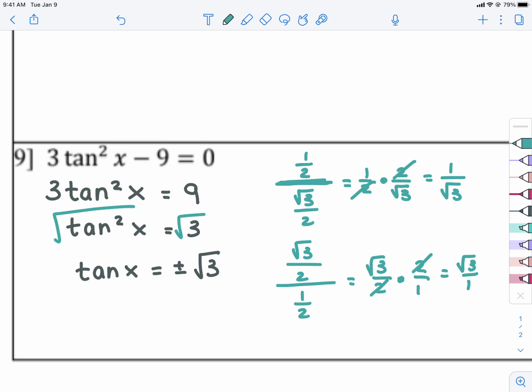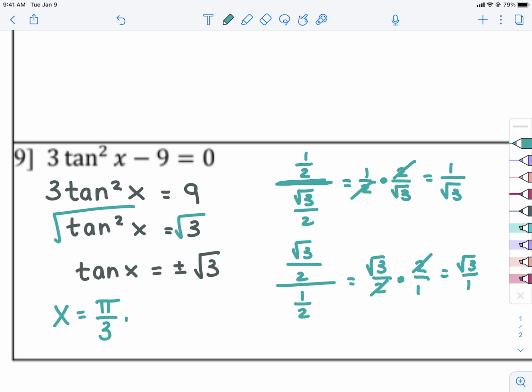So I want my x to be pi over 3, and any other value that will give me the same result, either positive or negative. So that means I'm going to take all of my pi over 3's on my unit circle, because I can have the positive or the negative. All that's going to happen when I go to those next coordinates, the numbers stay the same, the signs just change.